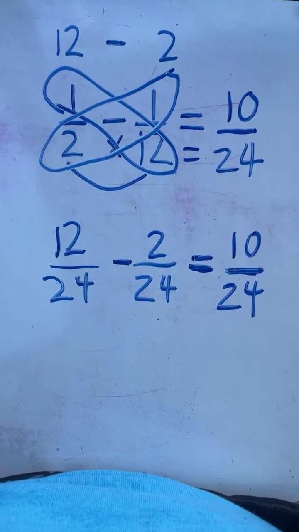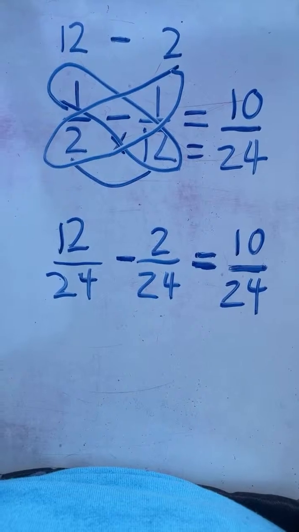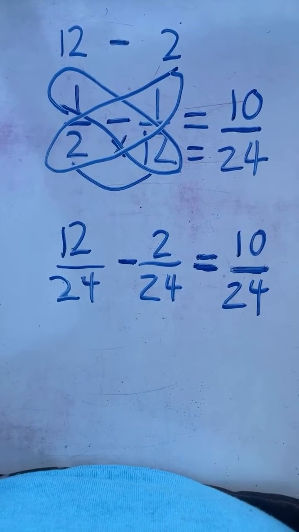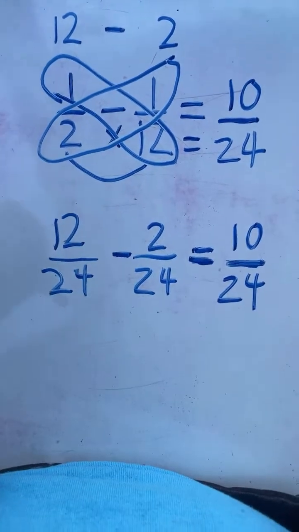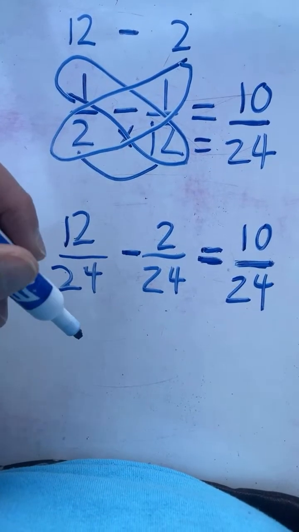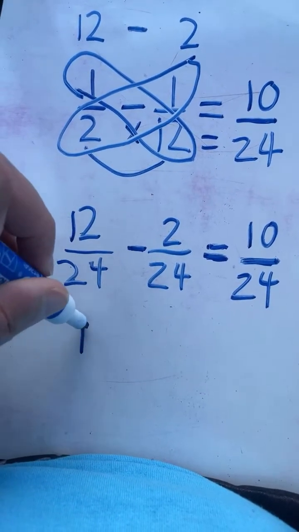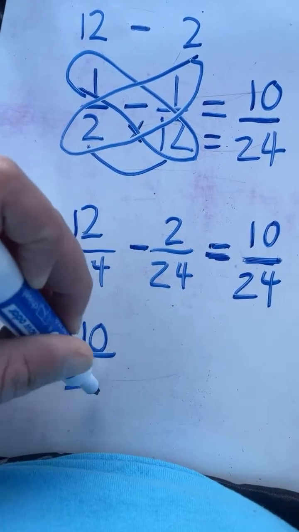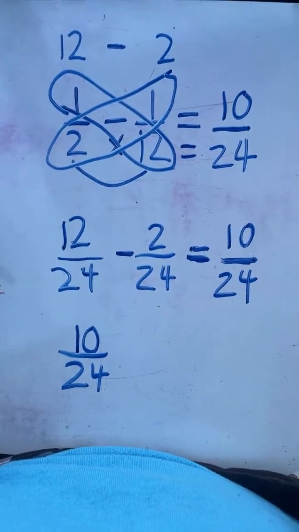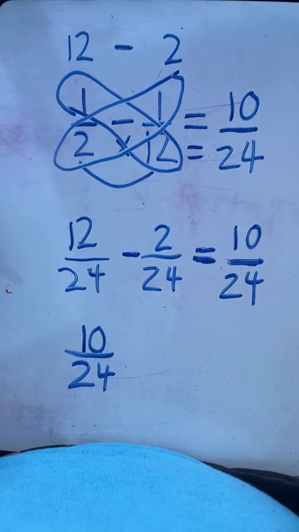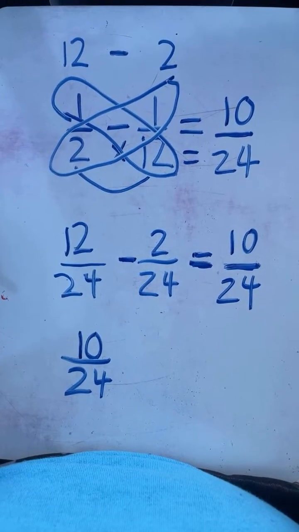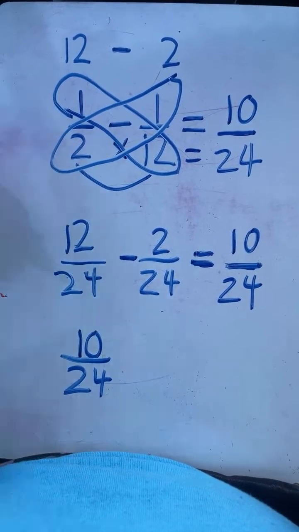Now if you want to reduce that, usually I keep the reducing to lowest terms video separate, but for this video I will actually reduce the answer to lowest terms. The common factor between 10 and 24 is 2.